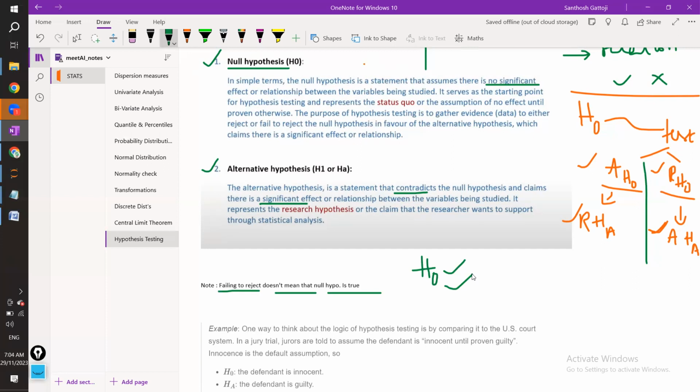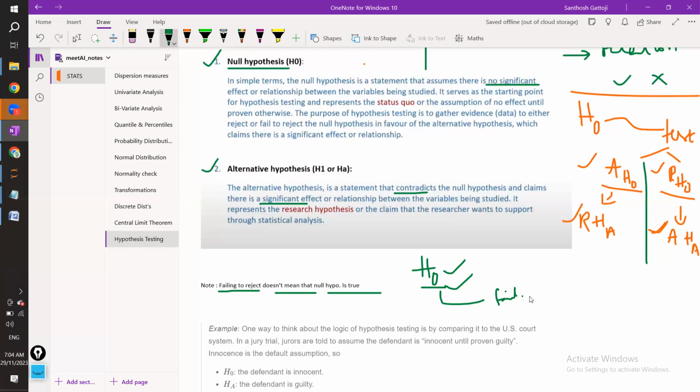But if I fail to reject the null hypothesis, that does not mean null is true. I want you to focus a bit more on this statement. Whatever the null is saying, if I fail to reject, it means I did not collect sufficient evidence.